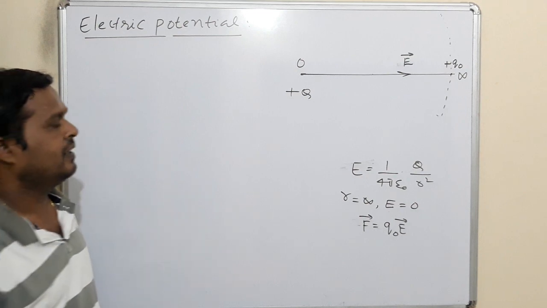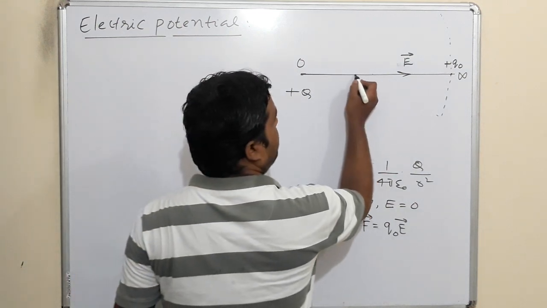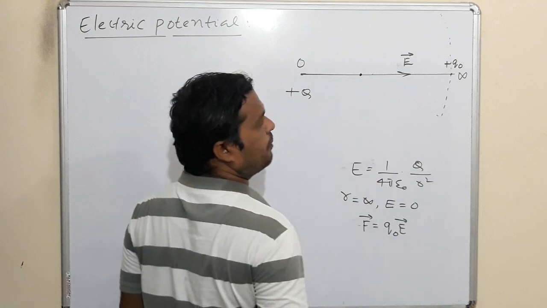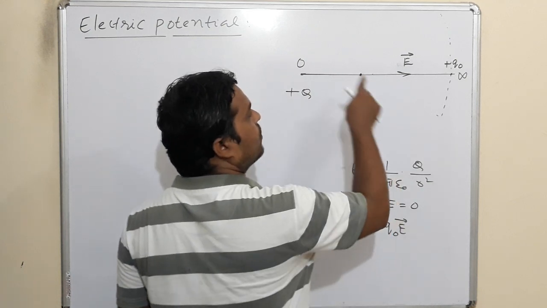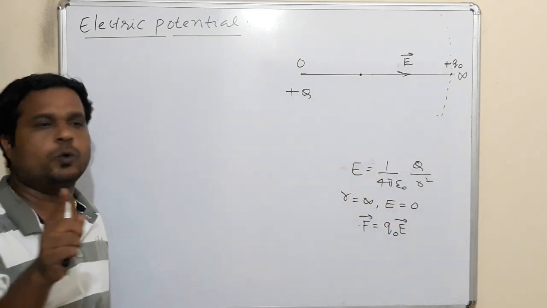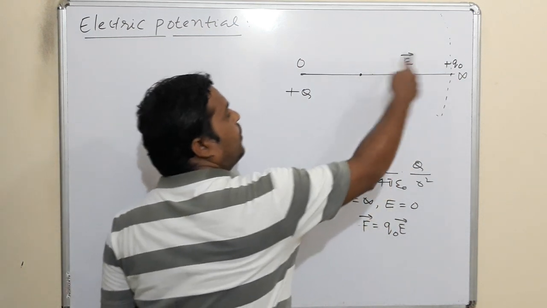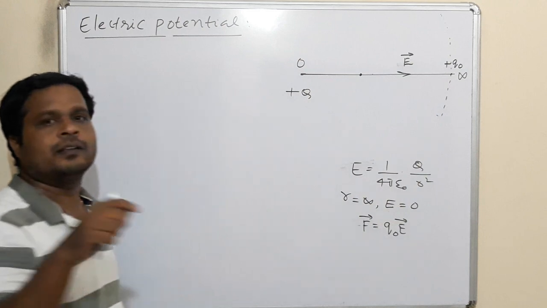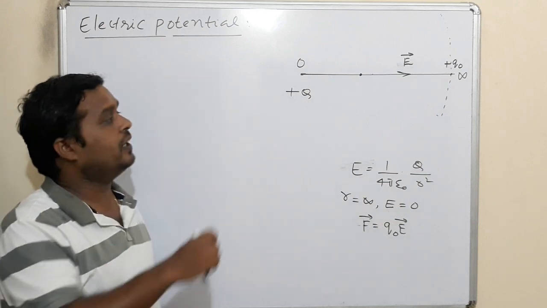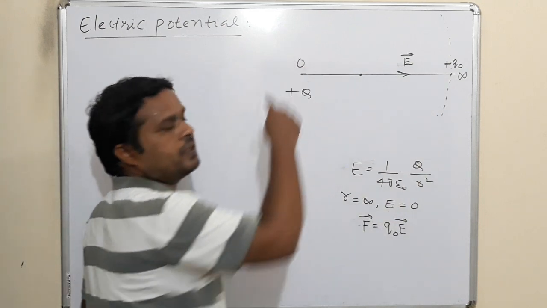Is it clear? If I want to define electric potential at this point, it is the amount of work done in bringing 1 coulomb of charge from infinity to this point. That work done divided by the charge gives the electric potential at this point.